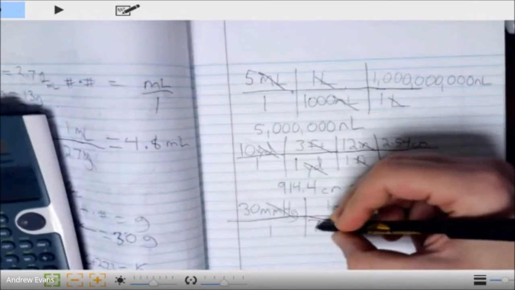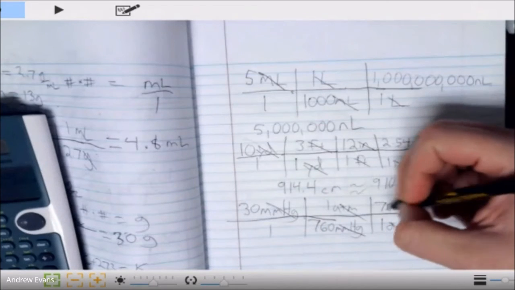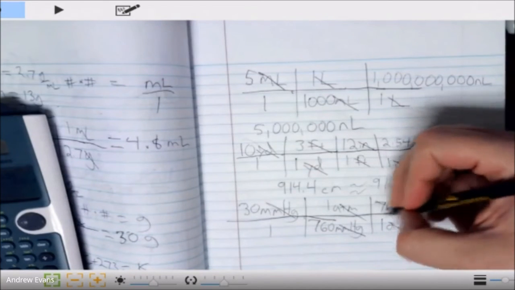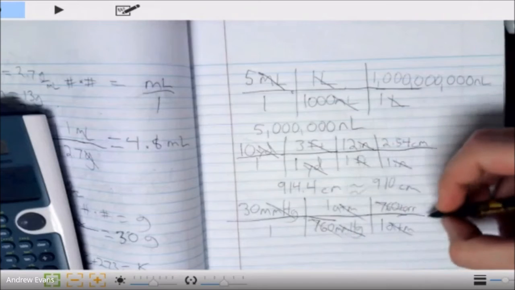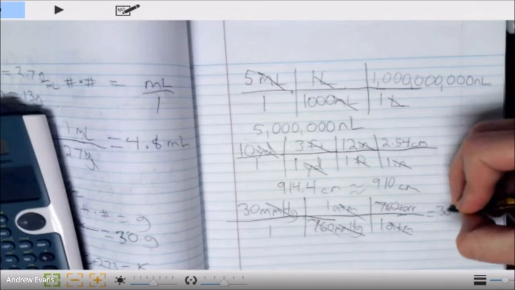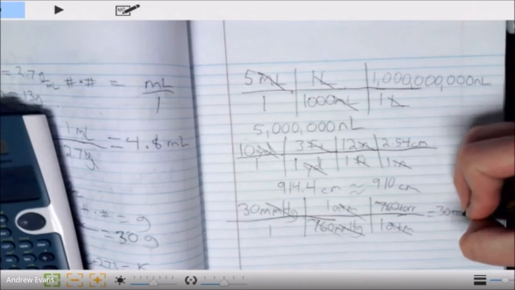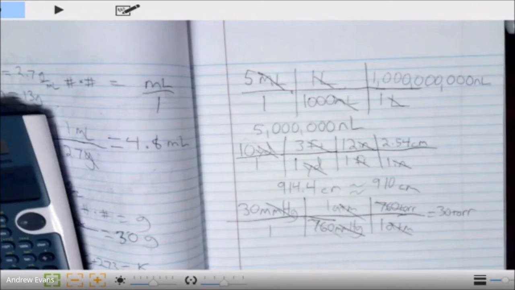I have 760 here, 760 there. 760 divided by 760 is 1. So we have 30 millimeters of mercury is equal to 30 torr. That is because millimeters of mercury were the original units used to measure a simple barometer. It was invented by Torricelli, and this unit was later named after him in his honor. So a millimeter of mercury is equal to a torr.